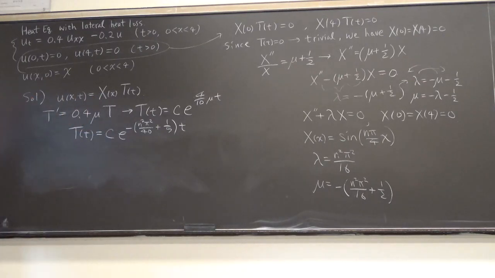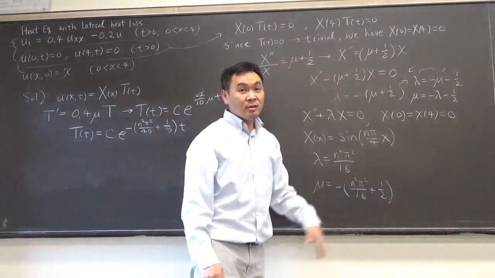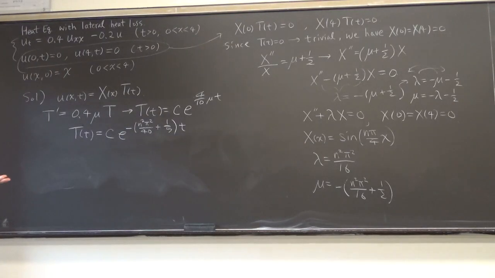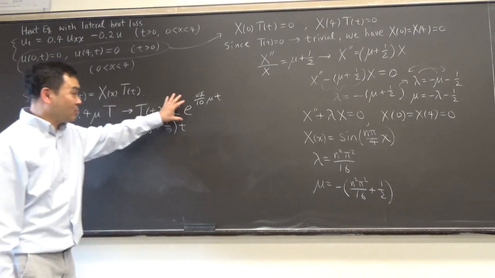Okay. So this is step 1. In step 1, we figured out what X of x is and what T of t is. Now you get u of x,t as this function times sine. And since we've figured out the building blocks, now what do you do? You take linear combinations of them, meaning that you add them up, every one of them. Okay?